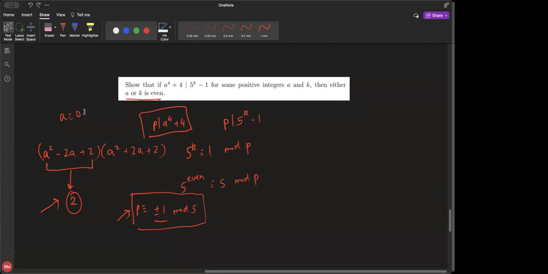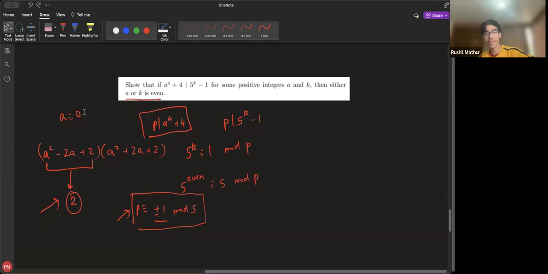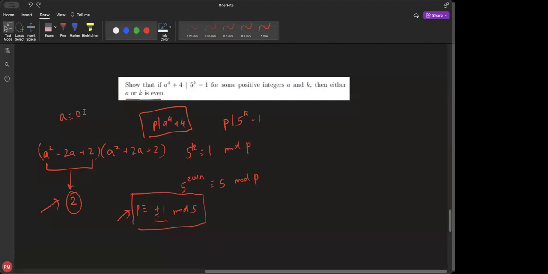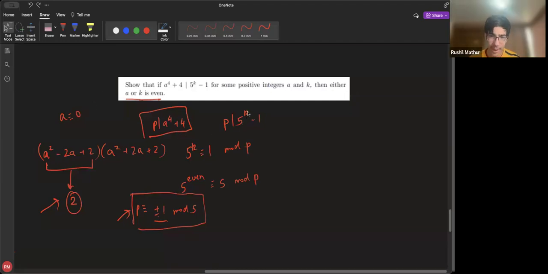So we showed that if one is even. No, apparently there should be some solution when k is odd but a is even, right? Maybe it's just the k equal 1 case. Wait, what happens when k is 1? Then a equal 0, for example, works.